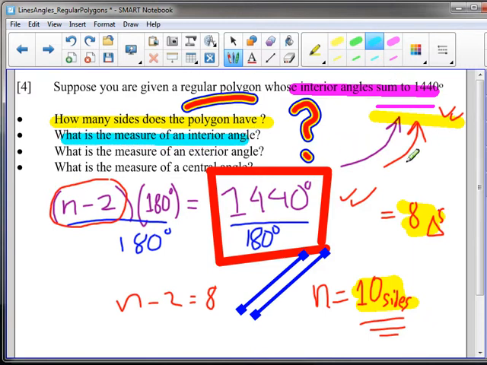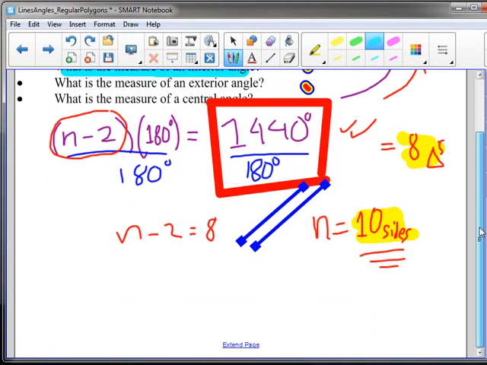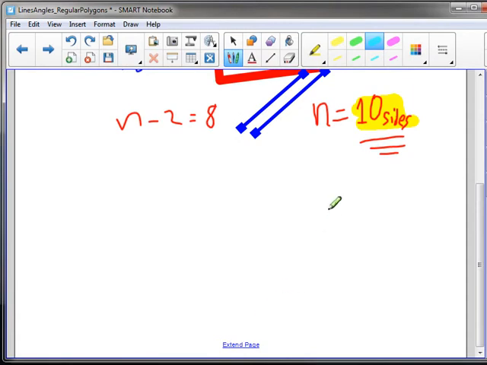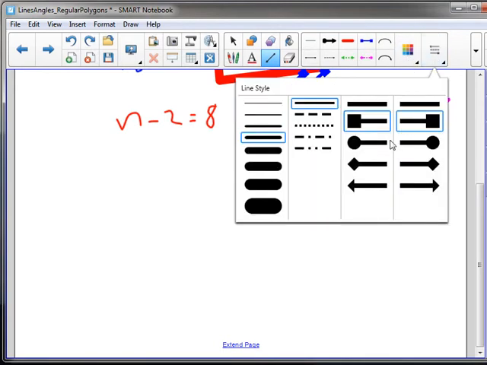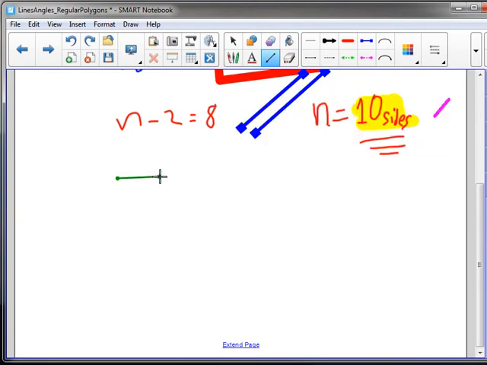From this point, everything is things we've already done. I'll go ahead and do it with you because we've got the time. 10 sides, huh? We don't have to draw the whole thing. One side, two sides, 3 sides, 4 sides.